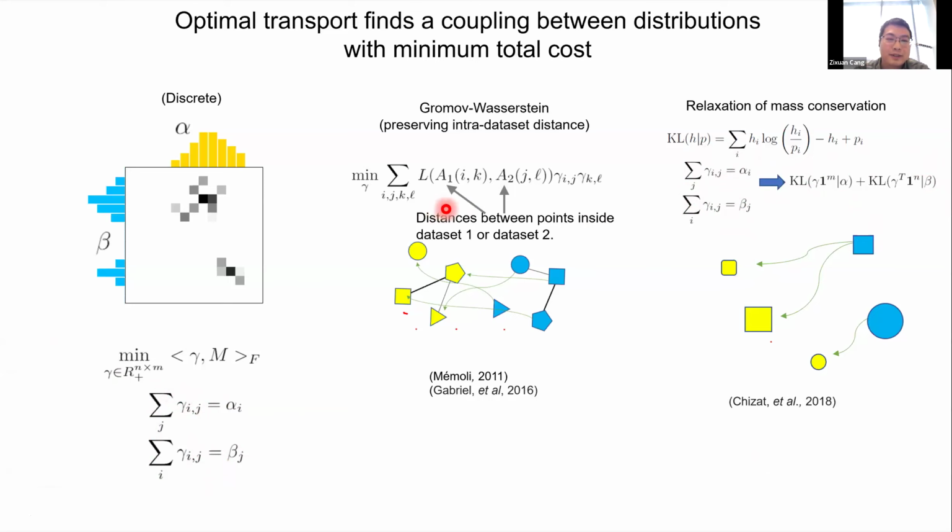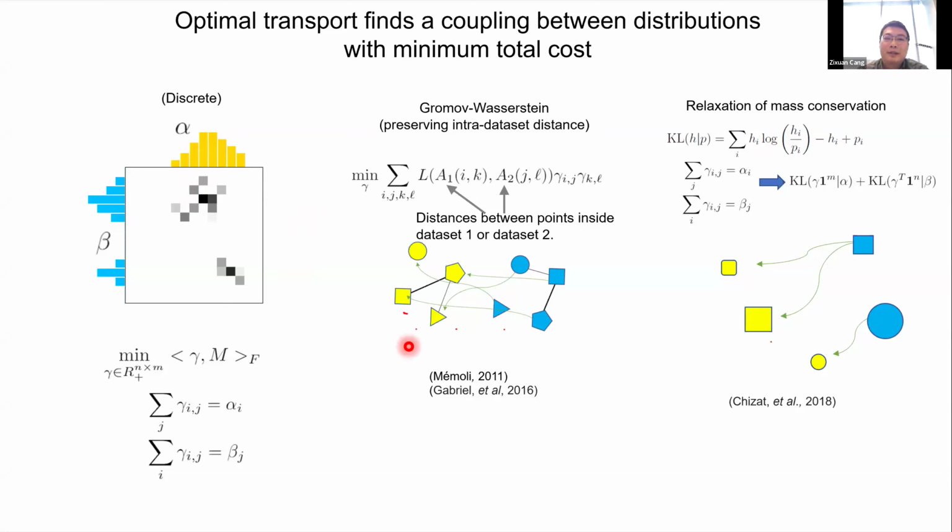And in some other cases, we don't even necessarily have two distributions embedded in the same space, so that we cannot directly compare two locations from the two distributions. Instead, what we're given is just an intra-dataset distance. For our biological examples, we can think about one single cell RNA-seq and one single cell ATAC-seq dataset with no known correspondence between cells.